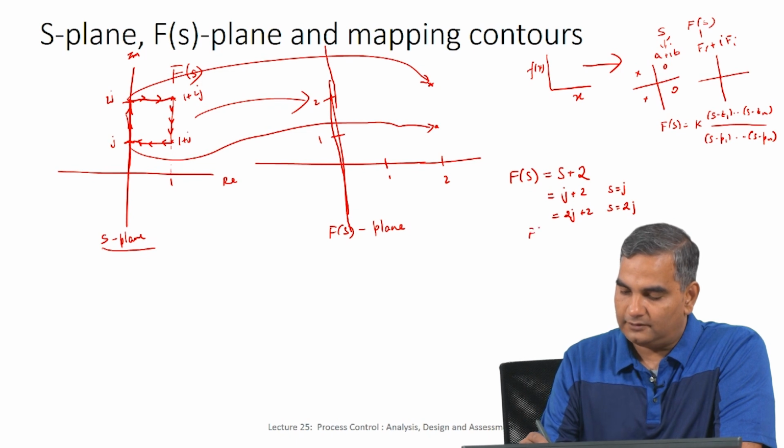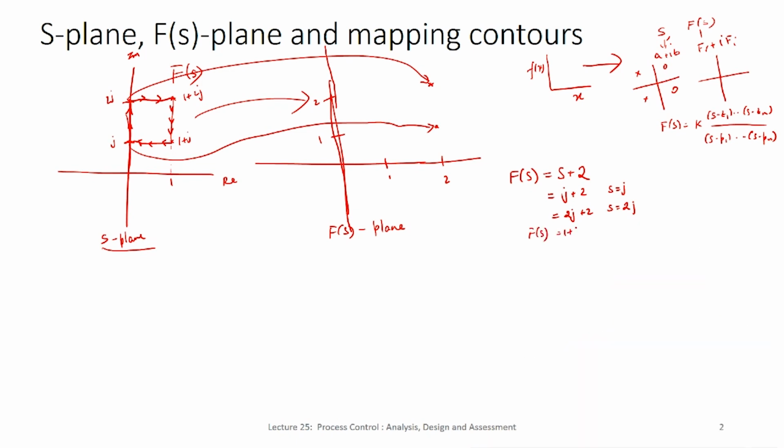So, f of s will be 1 plus 2j plus 2, which will be equal to 3 plus 2j if s equal to 1 plus 2j. So, this point basically will be 3 plus 2j. So, this point will map onto this point, and you can also see that this point will map onto this point. So, the 4 edge points I have shown you how they map onto different points on the f of s plane.